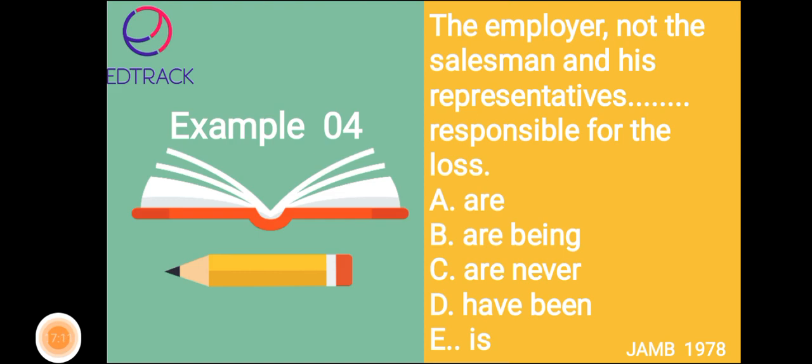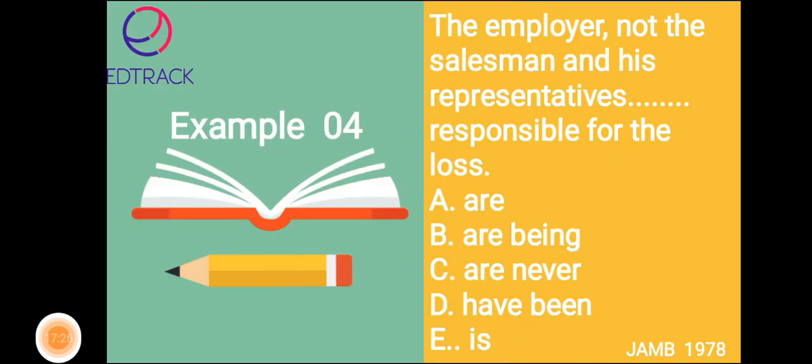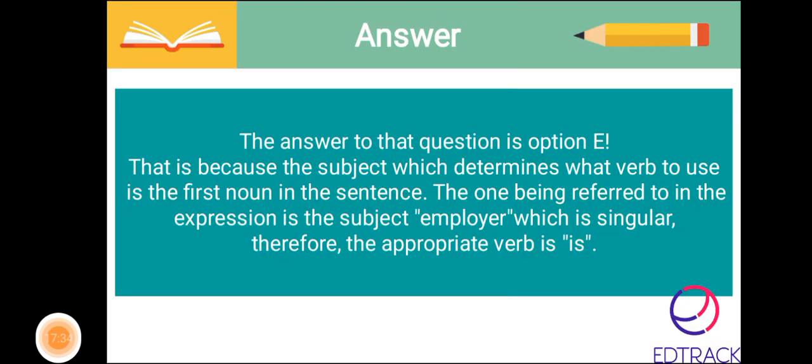The correct answer for this question, which was taken from JAMB question for year 1978, is option E. What is in our option E? The singular verb is. And why is that like that? Let us see.